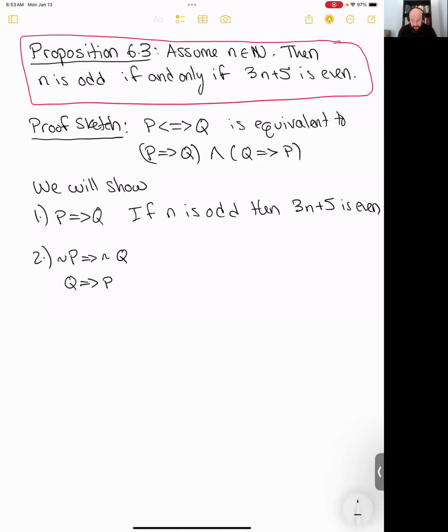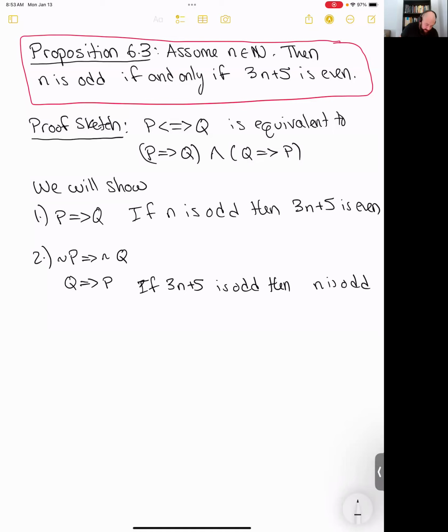And the contrapositive of Q implies P is not P implies not Q. First of all, let me just write down what Q implies P is. That would be: if 3n plus 5 is odd, then n is odd.